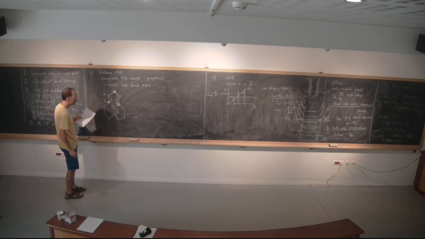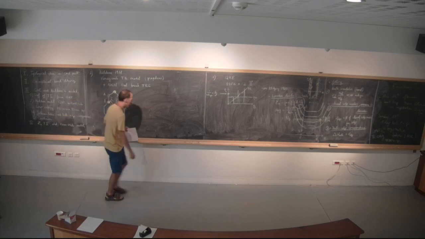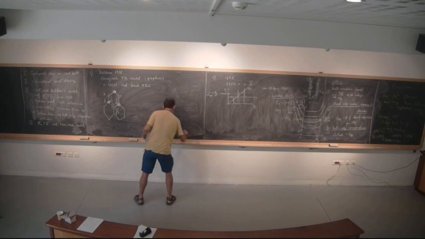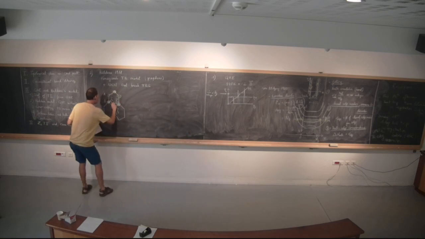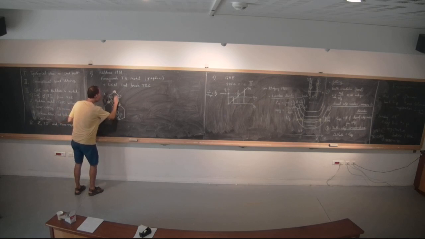And then next nearest neighbors, so hopping from A to A or from B to B, are called B1 and minus B1, B2 here and minus B2.